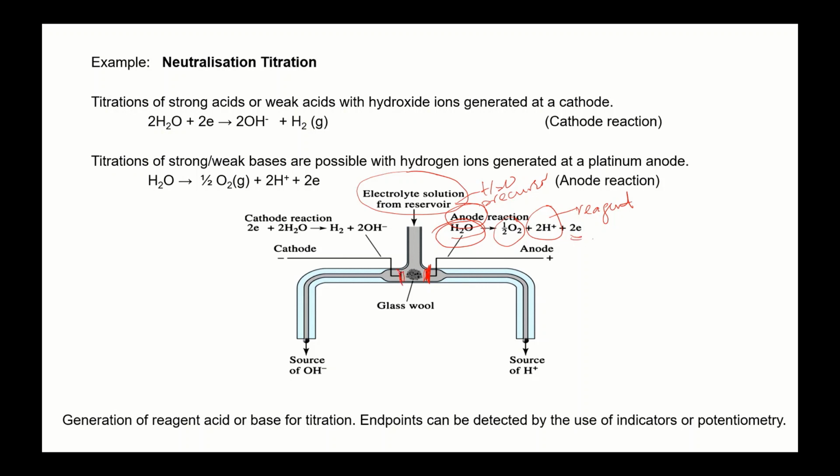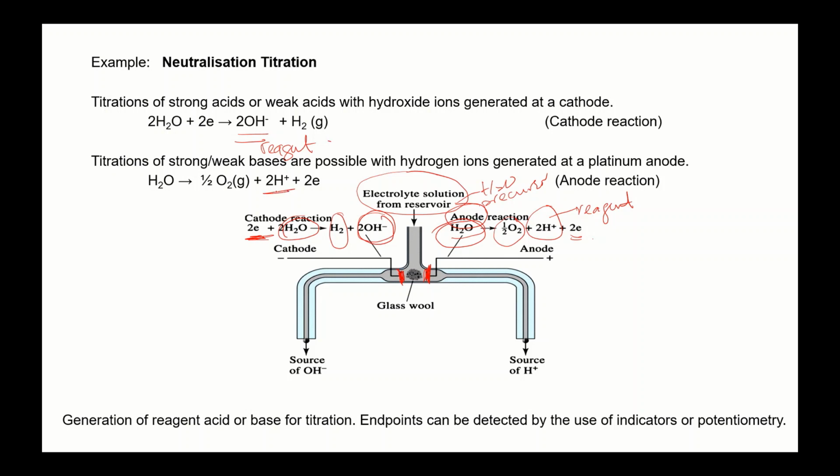At the cathode here, water as precursor will accept 2 electrons and produce hydrogen gas, and this is the reagent at the cathode.